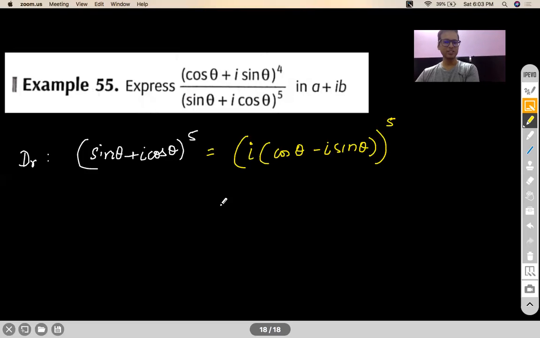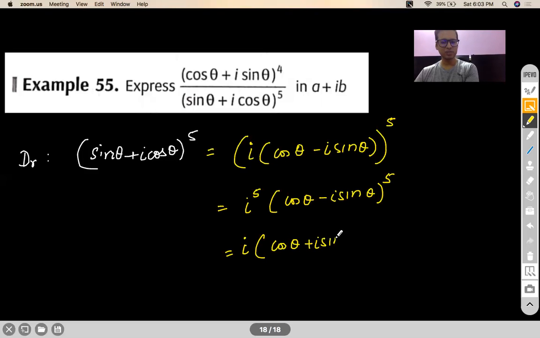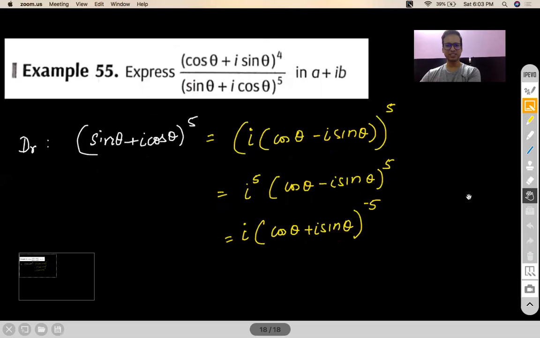Correct? So this you can write as i to the power 5, and this is cos theta minus i sin theta. Now guys, let me write one more thing over here. i to the power 5 is i, and cos theta minus i sin theta is cos theta plus i sin theta to the power of minus 1, which will multiply to this and give you a minus 5. So the denominator you can safely take to be this.